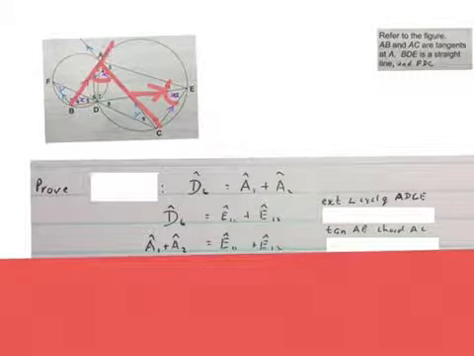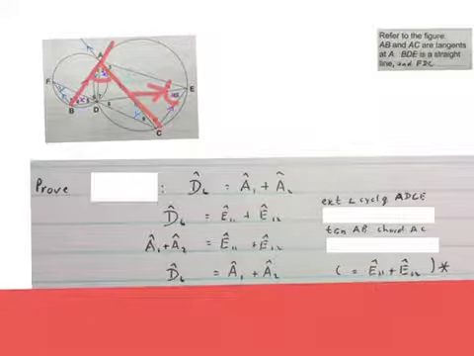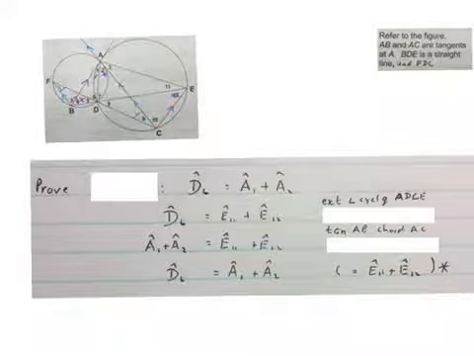There's the tangent, there's the chord, and that angle is equal to the angle opposite that chord. So now we know that D6 is equal to A1 plus A2. This you don't have to write, but they're both equal to E11 plus E12. Please stop the video and get your brain around this one.